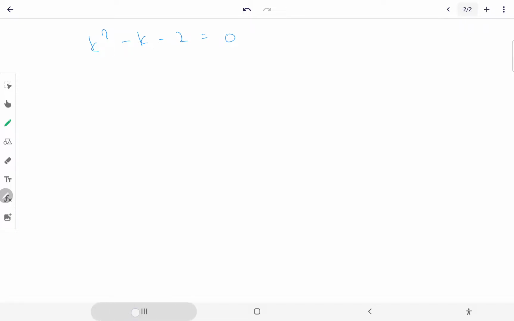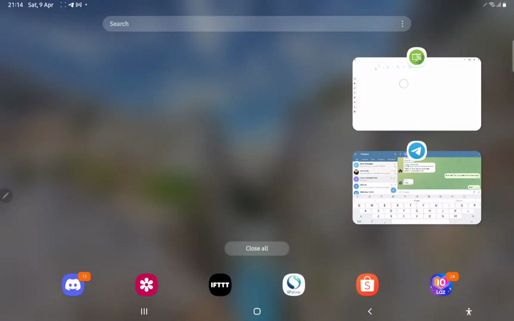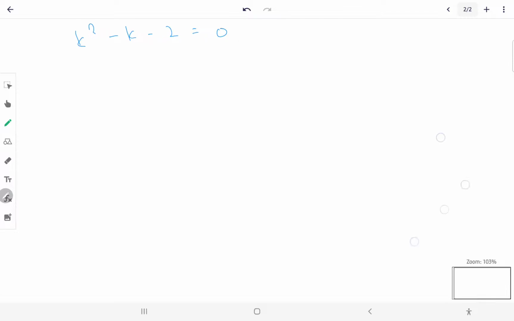So if you do your quadratic factorization, you do your cross multiplication method. You have k here and you have k here. In order to get a minus k, you can have minus 2 plus 1. So then you get minus k.